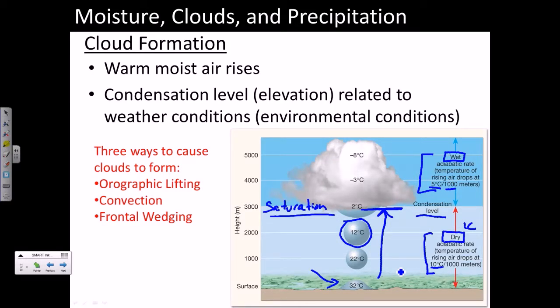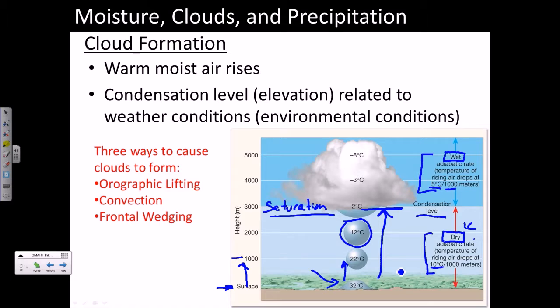And so that means, if you're here at 32 at the surface and you go up using this dry rate of change, you're going to take away 10 degrees of temperature for every 1,000 meters that you rise up. And so from 0 to 1,000, you go from 32 minus 10 gives you 22.